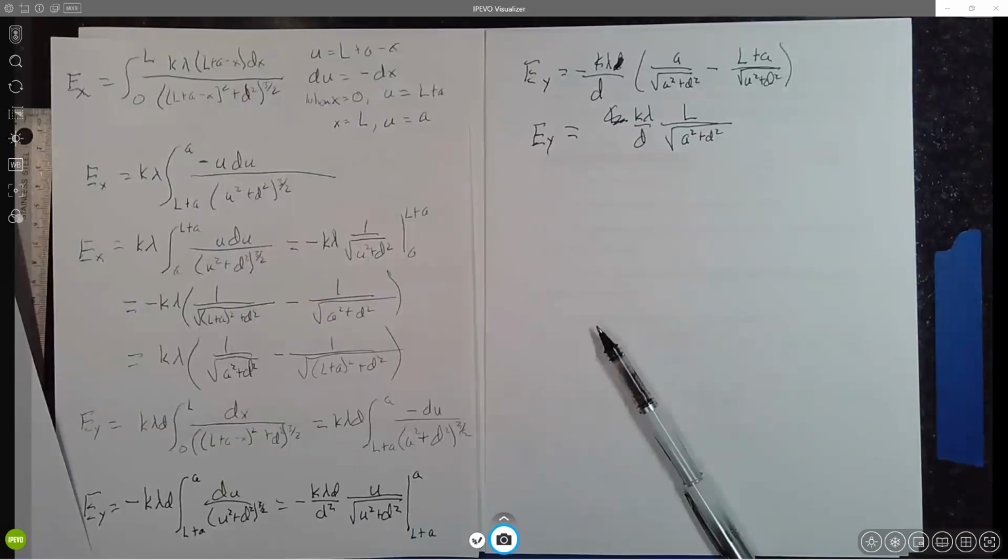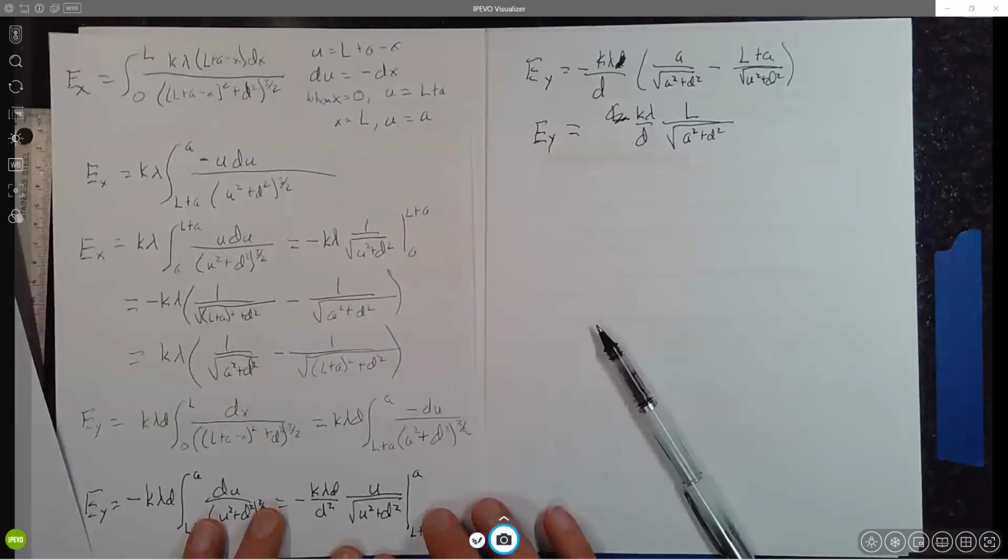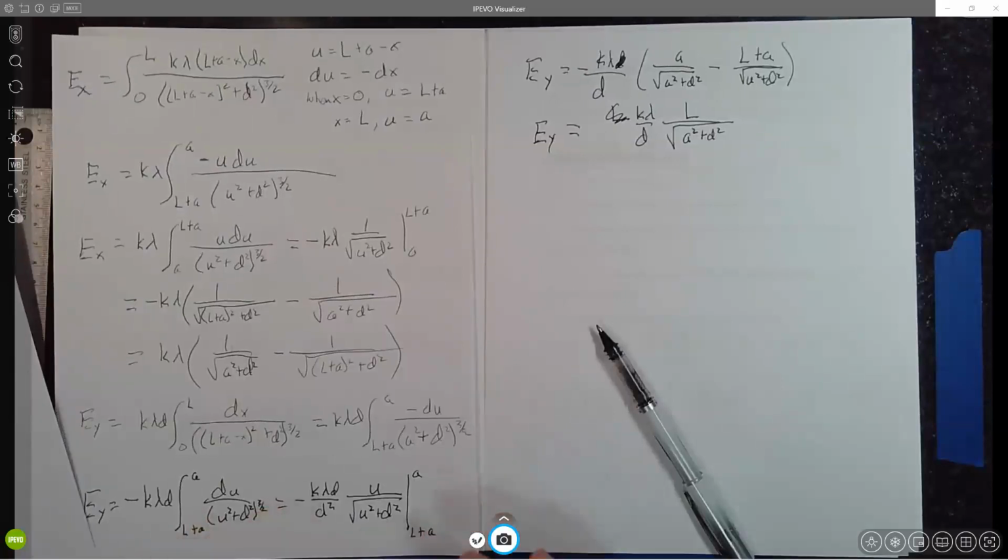Fortunately, you'll have a recording of this if you need to go back through and look at how I set up this integral again. This last one was actually a pretty complex situation, but things like that can happen. And I was able to take a complex situation and break it down, eventually getting to fairly simple integrals to do.